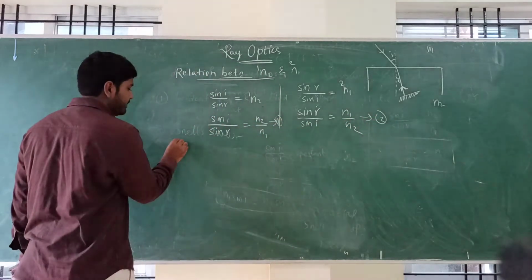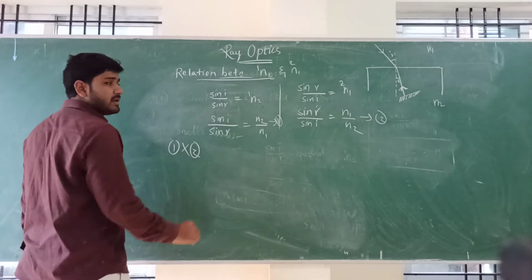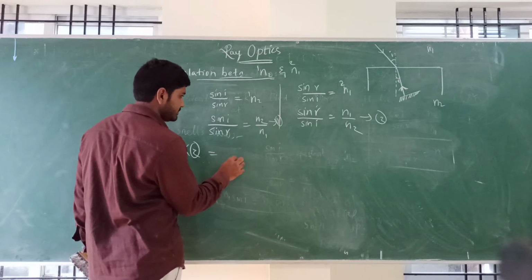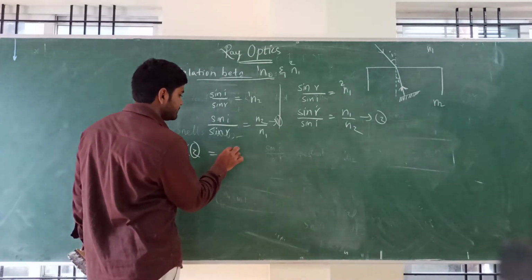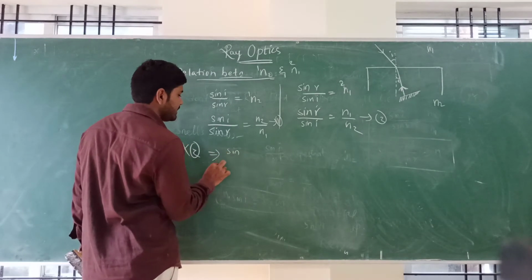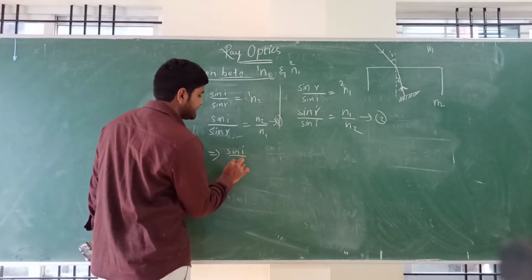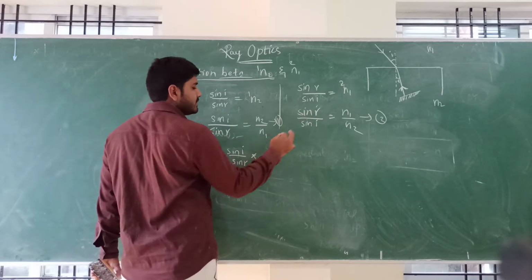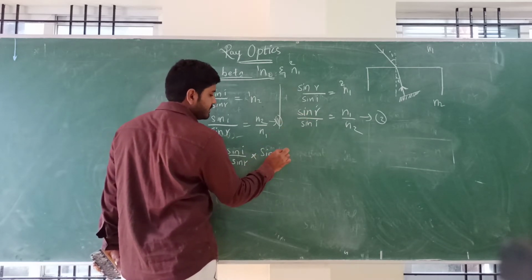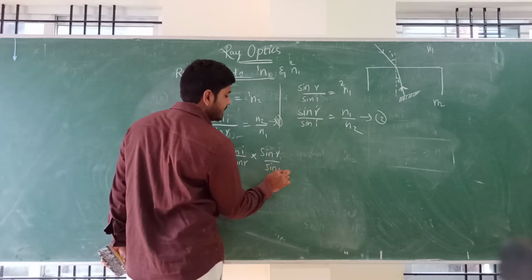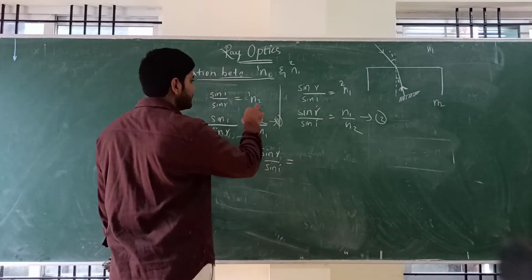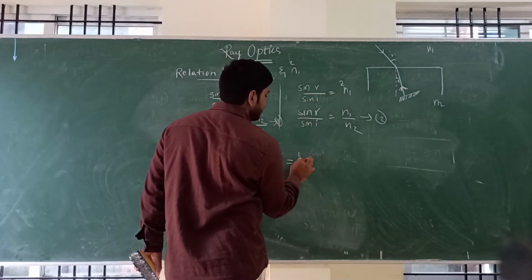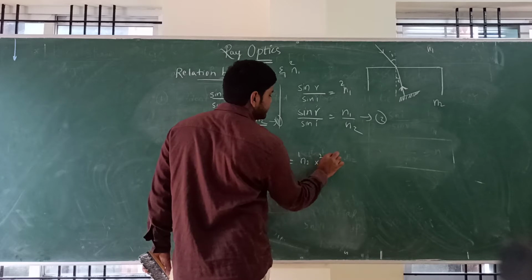Now multiply 1 and 2. What will we get? Sin i by sin r into sin r by sin i is equal to N21 into N12, right?